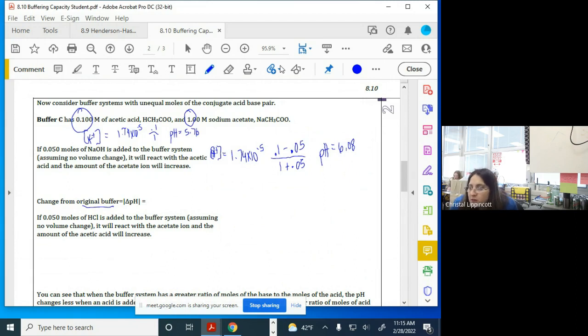They want to know delta pH, so it would have gone from 5.76 to 6.08. So if I subtract that, the change in pH would have been 0.32.